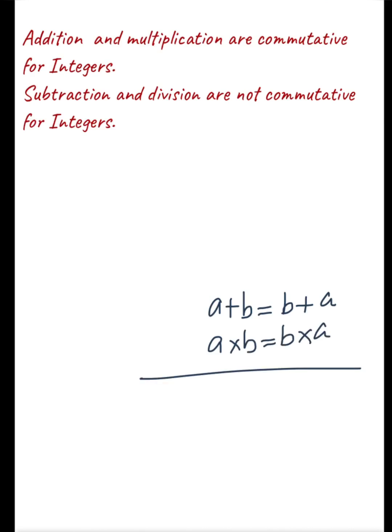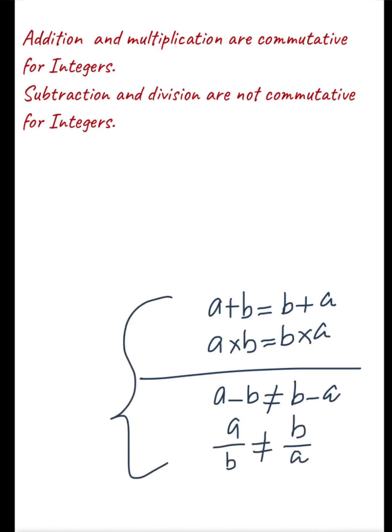Here also you can say A plus B is equal to B plus A and A into B is equal to B into A. What about subtraction? A minus B is not equal to B minus A. And about division, A by B is not equal to B by A. So these are the conclusions that we are getting for integers.